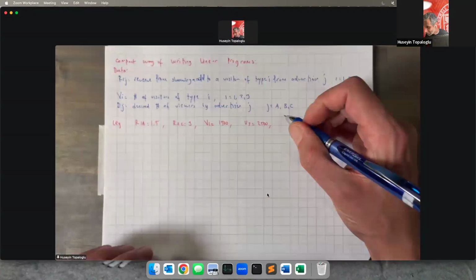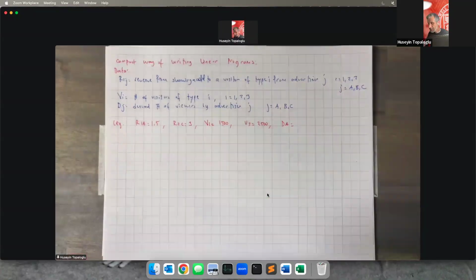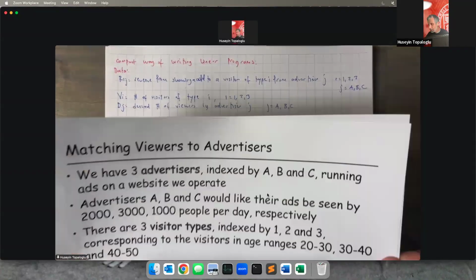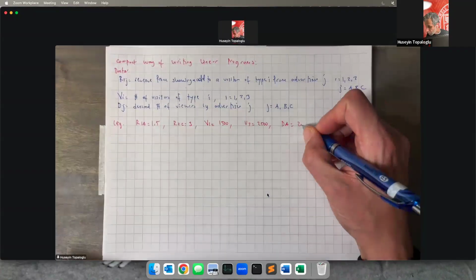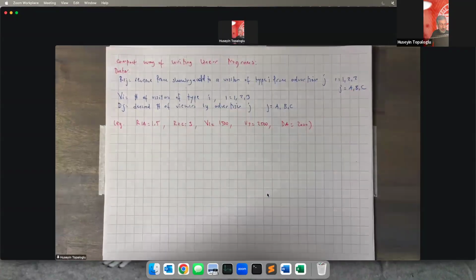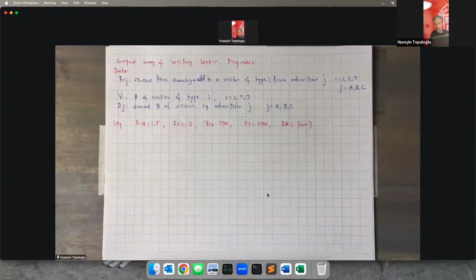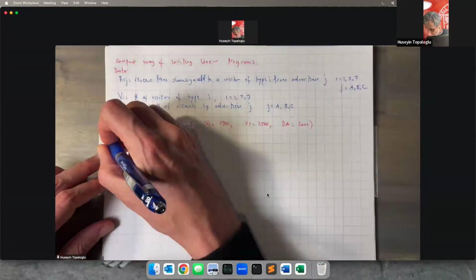What is DA? That's the desired number of viewers by advertiser A, which is 2,000. You get the idea. So we specify the data for our problem in compact fashion: Rij are the revenues, Vi is the number of visitors of type i, and Dj is the desired number of viewers by advertiser j. The next thing we do is specify our decision variables, also in compact fashion.